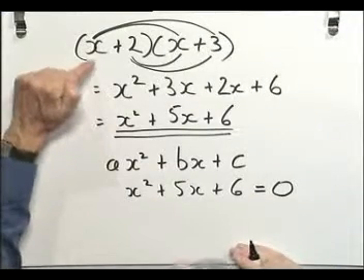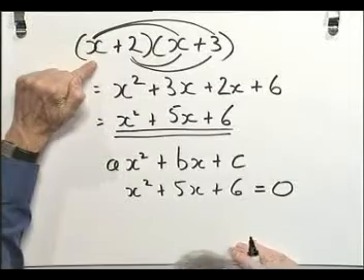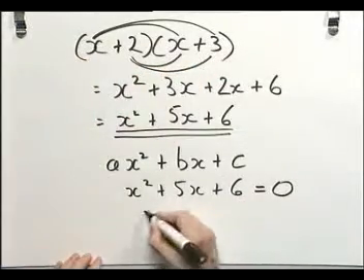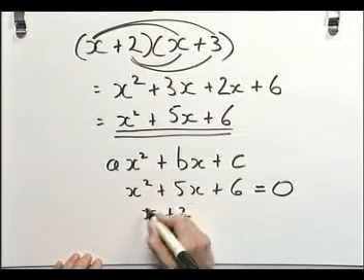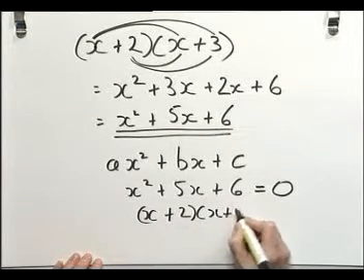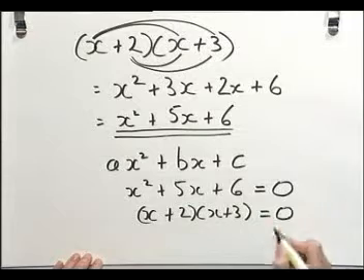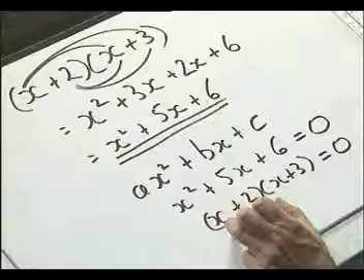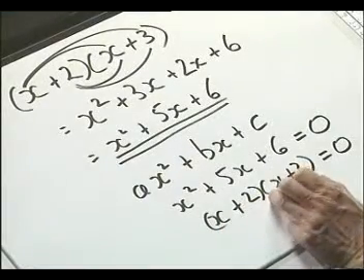Well, one of the things we can do is to rewrite this form by this. So we can say x plus 2 times by x plus 3 equals 0. And when we have two numbers that multiply together to give 0, then one of the things that must be true is that one of them's 0, or the other one's 0, or they're both 0.